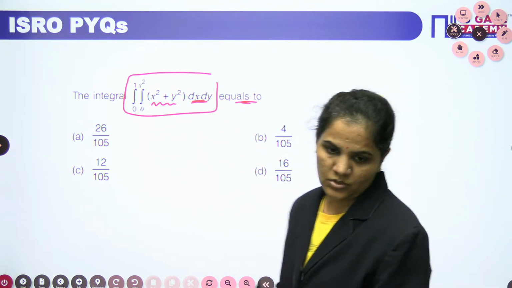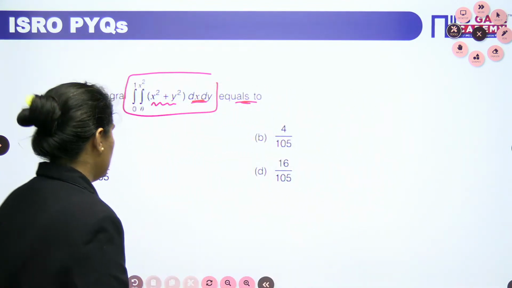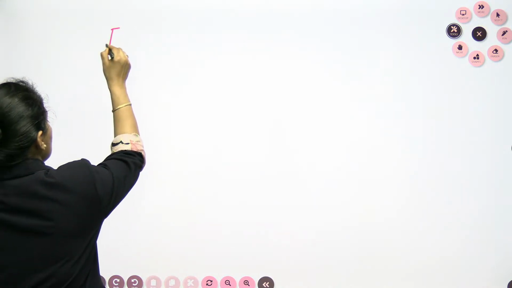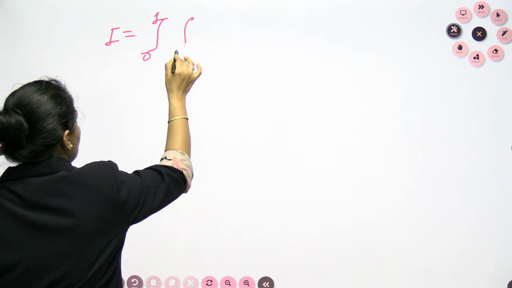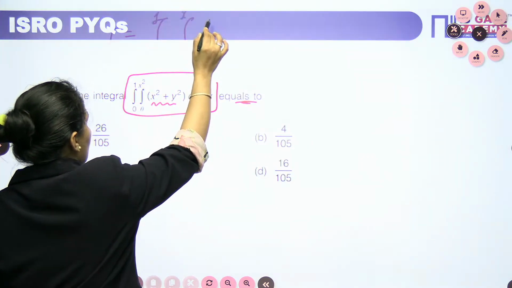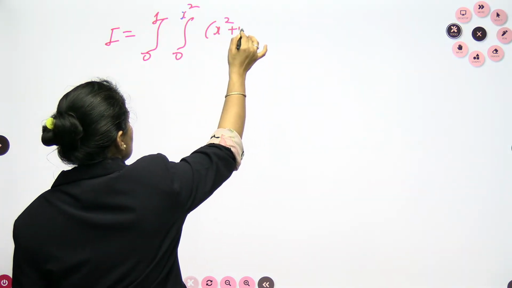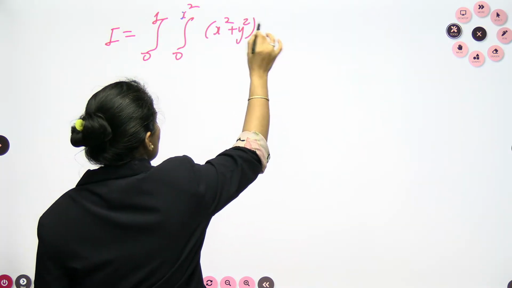Yes, so let's have a look at this question. We can see what is given to us. It is a very simple question of double integration: integration 0 to 1, integration 0 to x square, of x square plus y square dx dy.